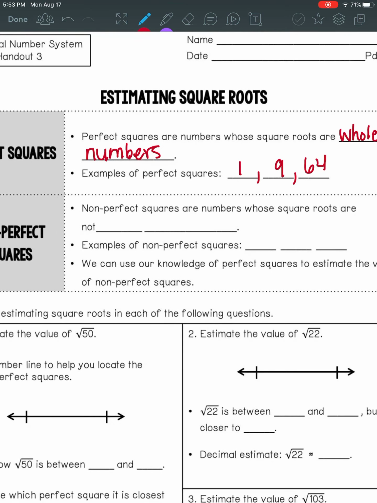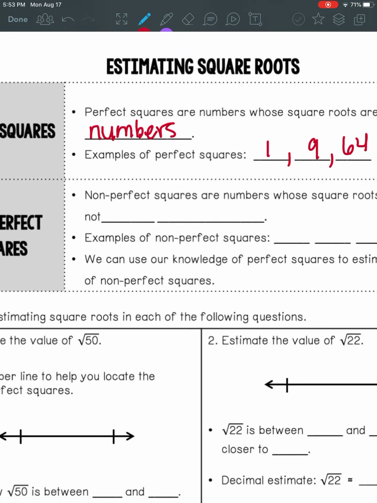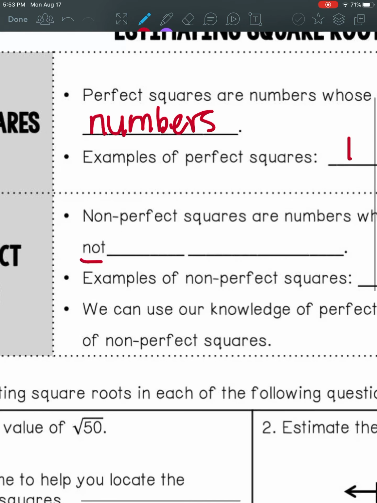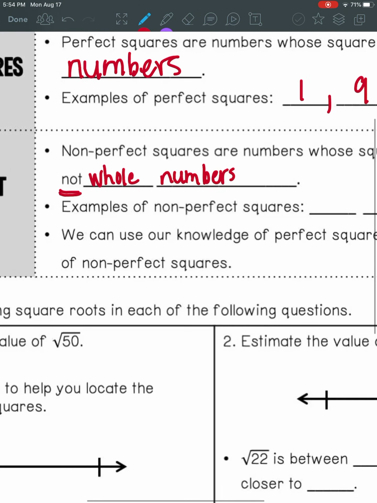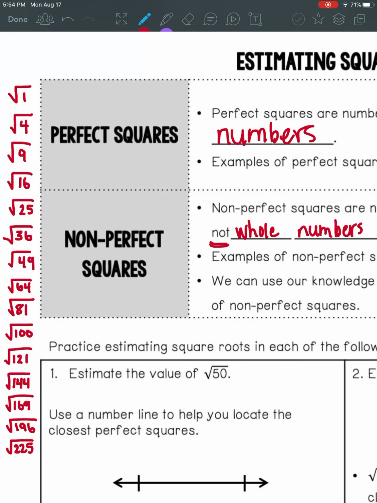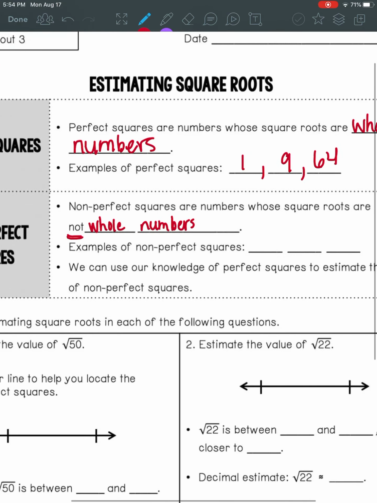So non-perfect squares, if perfect squares come out to whole numbers, non-perfect squares are square roots that are not whole numbers. They come out to a big, long decimal. Some examples of some non-perfect squares. Like I told you, all the square roots in between these perfect square roots, those are examples.